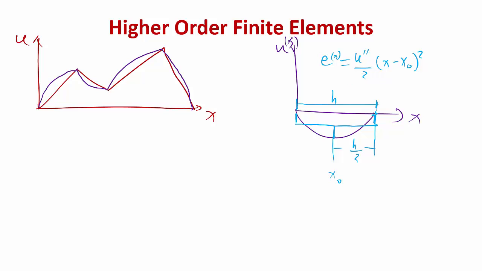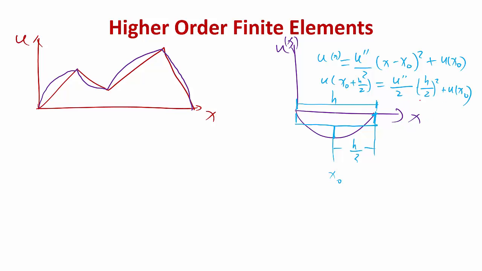Okay, so now at this point, what is x minus x naught? It's half h, right? Oh, sorry, I'm not writing e of x, I'm writing u of x is equal to this plus u of x naught. So in particular, u at x naught plus half h, which is the right side of this, is equal to half of u double prime times half h squared plus u of x naught.